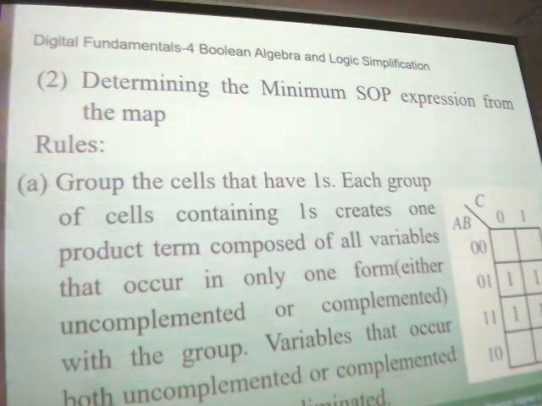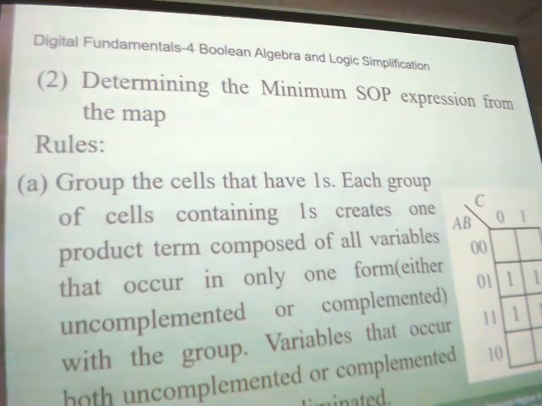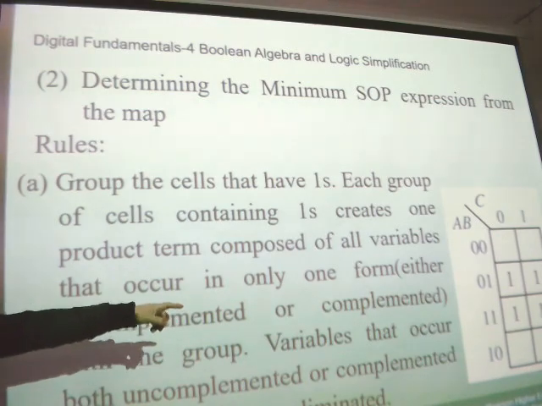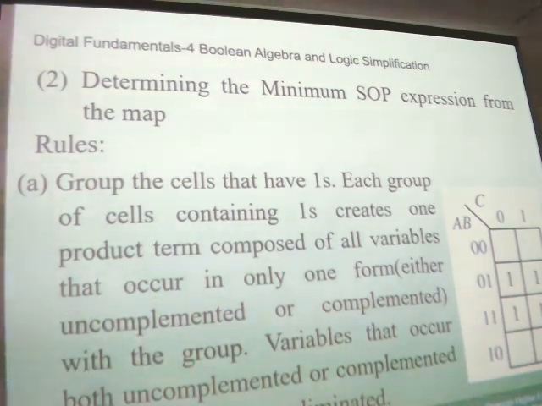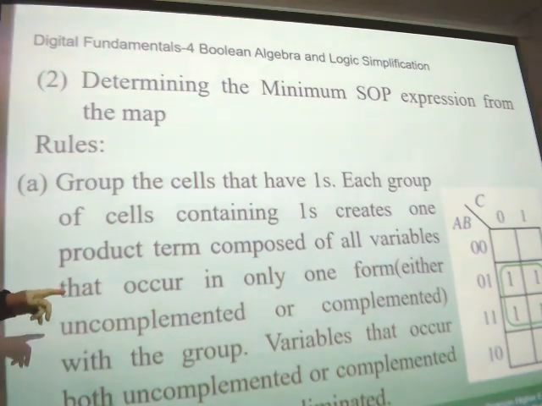So the variables that occur both uncomplemented and complemented within the group are eliminated. For this Karnaugh, the four ones are in one group. What is the corresponding product term?